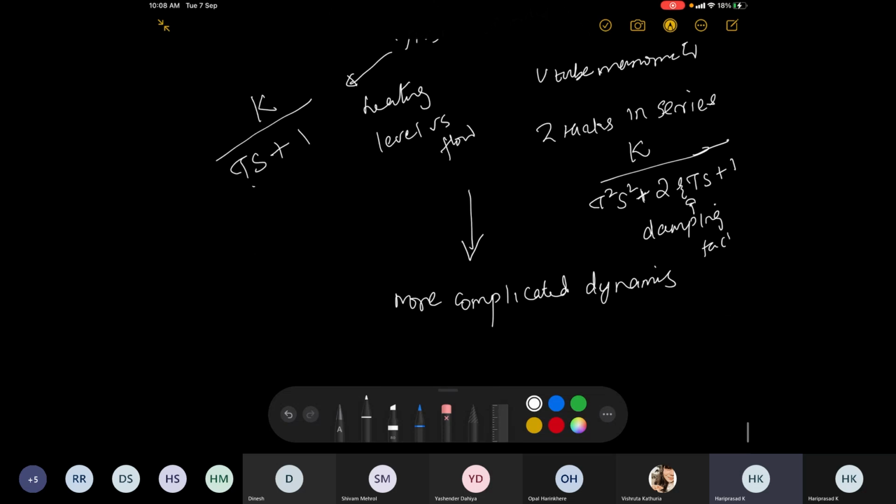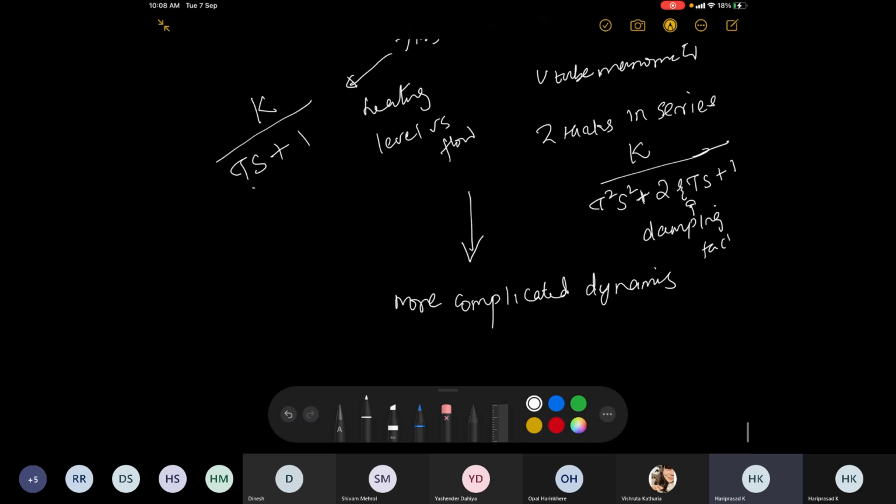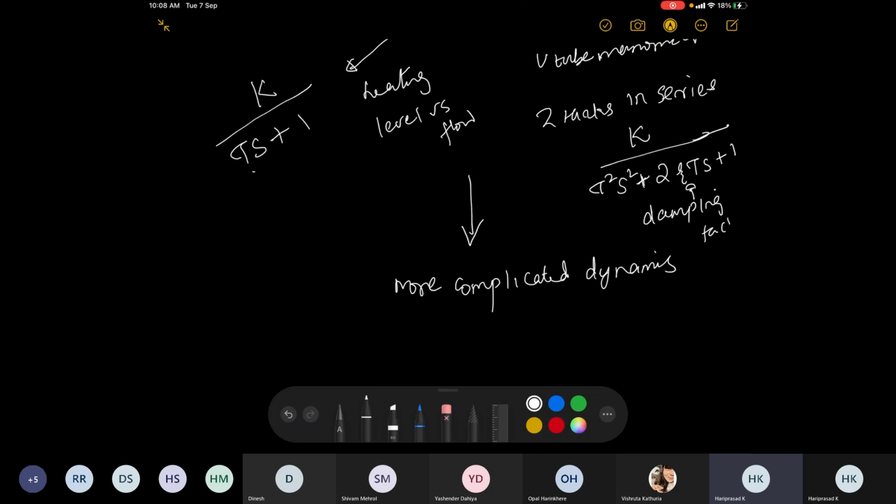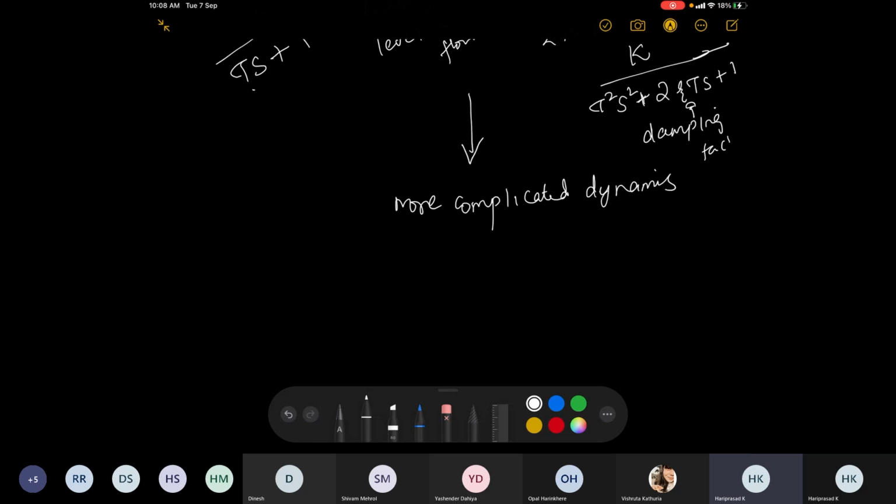So what you would really see here is, how does this complicated dynamics arise? That's something that we need to look into. First of all, in the plain vanilla case of this first and second order system, there is no numerator variable. So first of all, this could be due to a numerator polynomial.